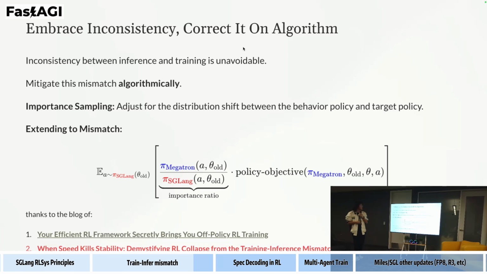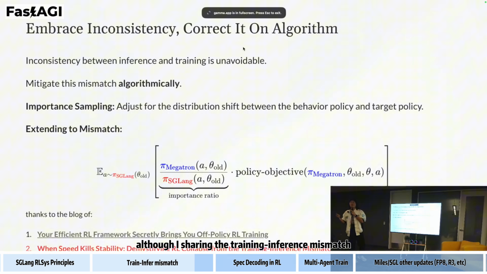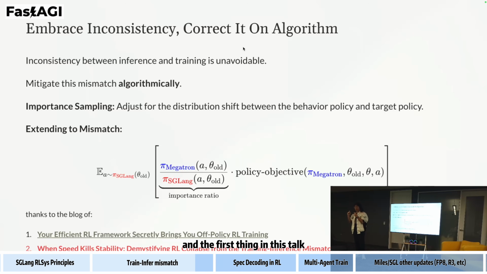Some funny news I want to share: though I'm sharing training-inference mismatch first in this talk, the idea is not that it introduces so many problems, but that we are providing tools for researchers and RL practitioners to debug their RL frameworks. In my experience and our collaboration with the AI community, we found that when using Miles in the post-training process, we never saw an industrial-level run collapse due to train-infer mismatch.